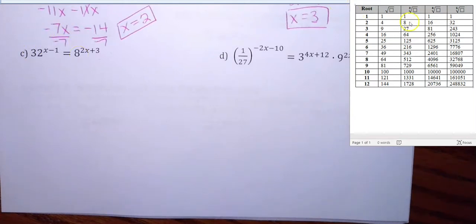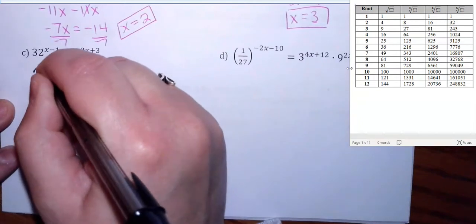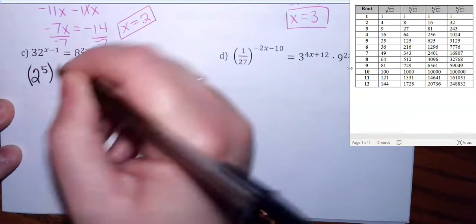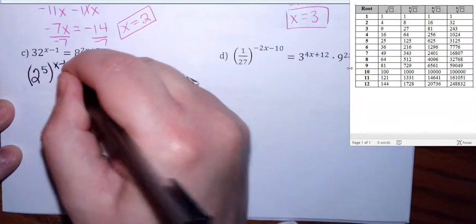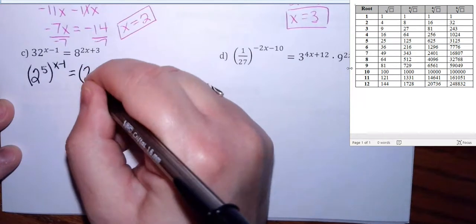If you're seeing these numbers, like here I see 32, here I see 8, what we're going to do for this question is rewrite both the 32 and the 8 so that they have a base of 2. So 32 is 2 to the 5th, and this will be a little bit different than each of the questions we've done so far. And if you guys are looking there, 8 is 2 to the 3rd.